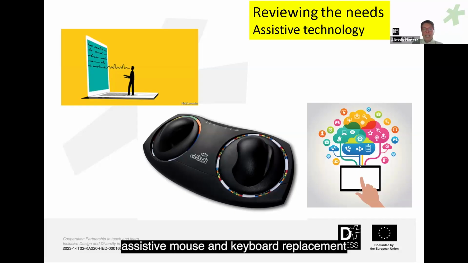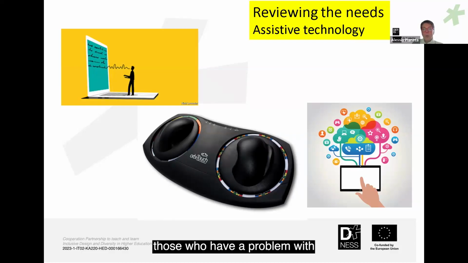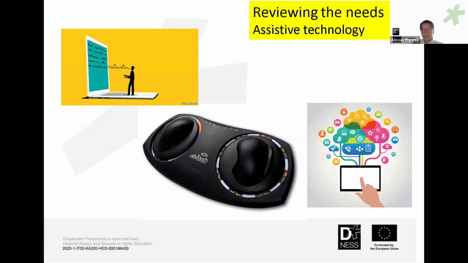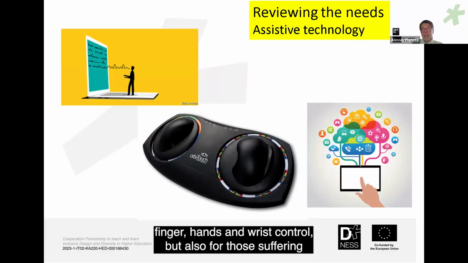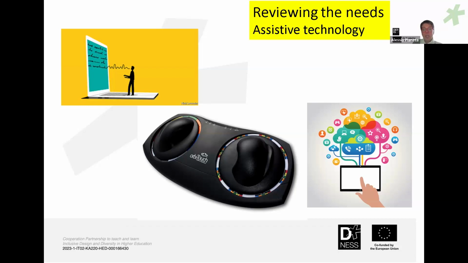We have assistive mouse and keyboard replacement. The Orbit Touch here is very intuitive and useful for those who have a problem with finger and hand and wrist control, but also for those suffering from Turner-Kaplan syndromes, because it reduces dramatically the effort to type.